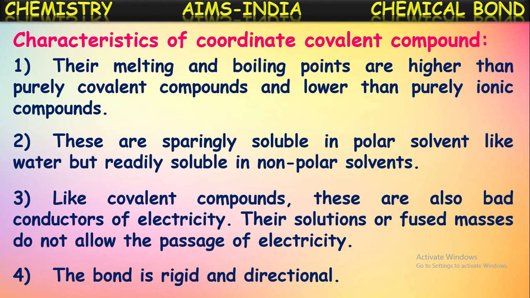Whereas we have studied ionic bonds are non-directional because there each ion will be surrounded by a number of oppositely charged ions from all the directions. So there is no one fixed direction for the attraction. The attraction will be there from all the directions. That is why ionic bond is said to be non-directional, whereas covalent bond and coordinate covalent bond are directional because they are said to be localized between the atoms.